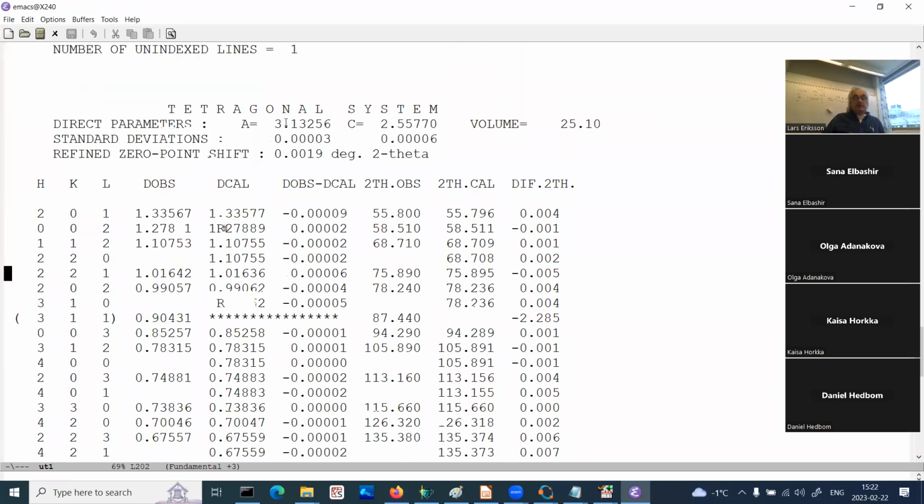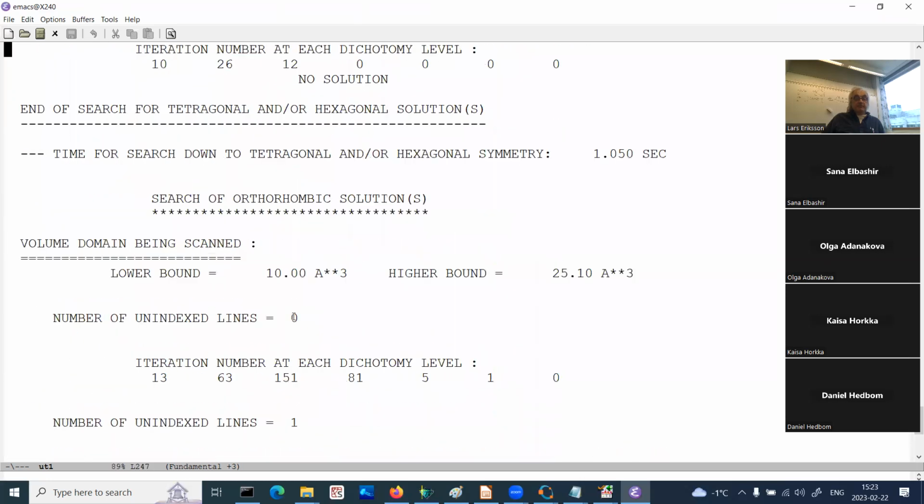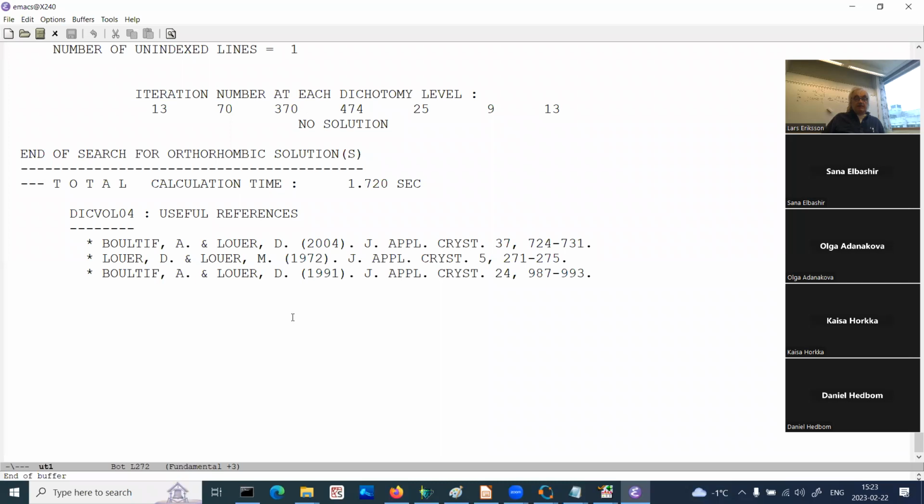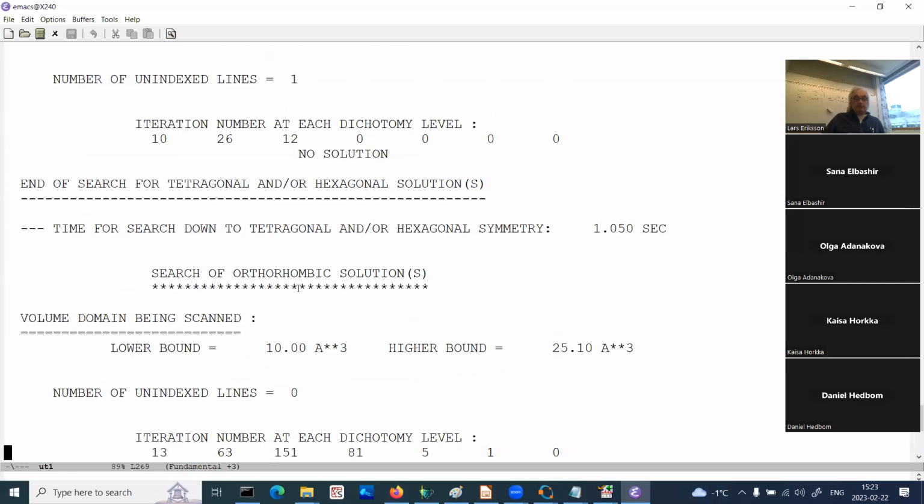Here is yet another version with a shorter z-axis also. But one of the lines marked with stars here seems not to be present. Otherwise, no problem.